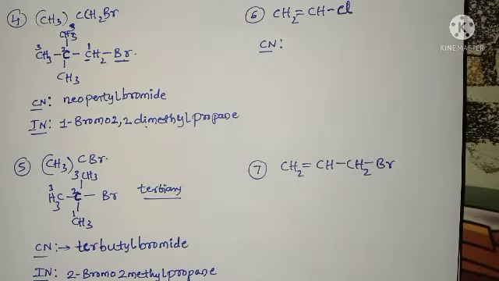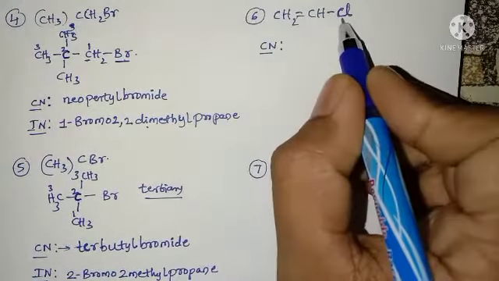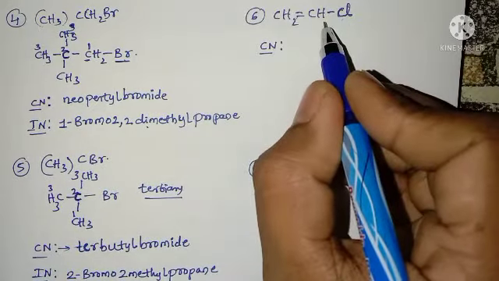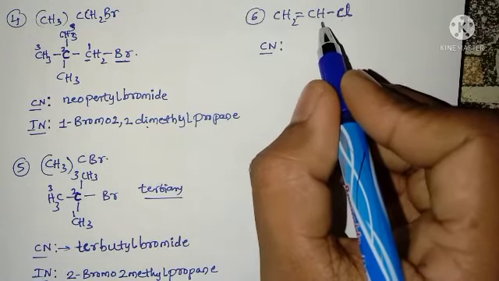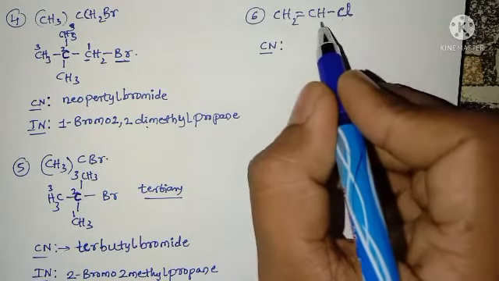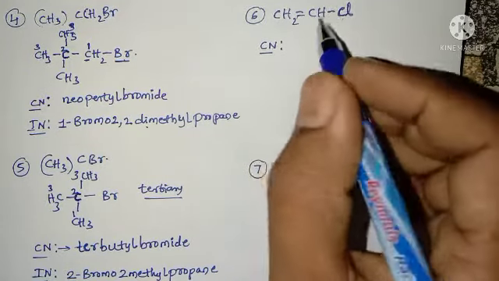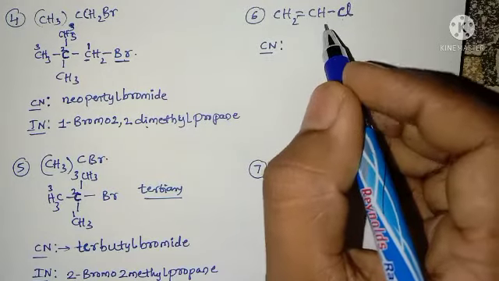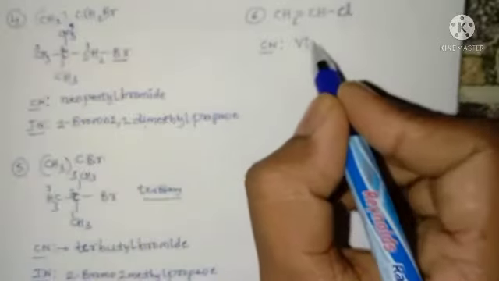So here we have the next example, that is CH2=CH-Cl. If you see this compound, the chlorine atom is attached to the vinyl carbon, so the common name here is vinyl chloride.